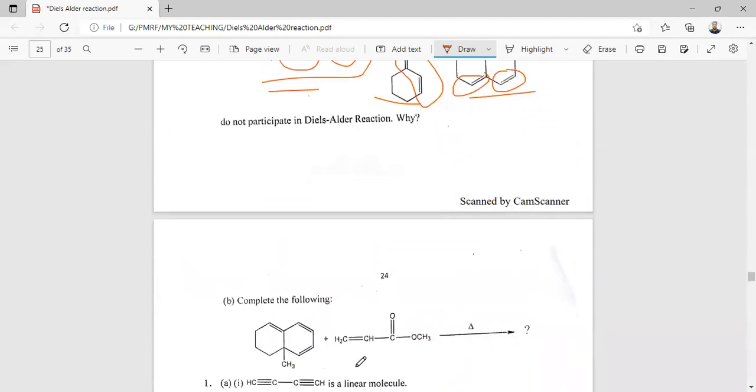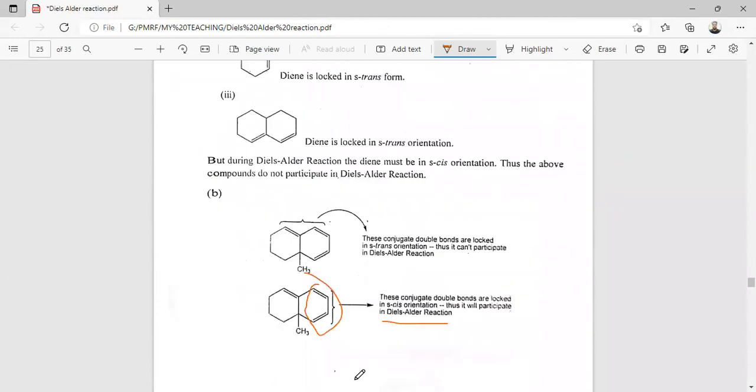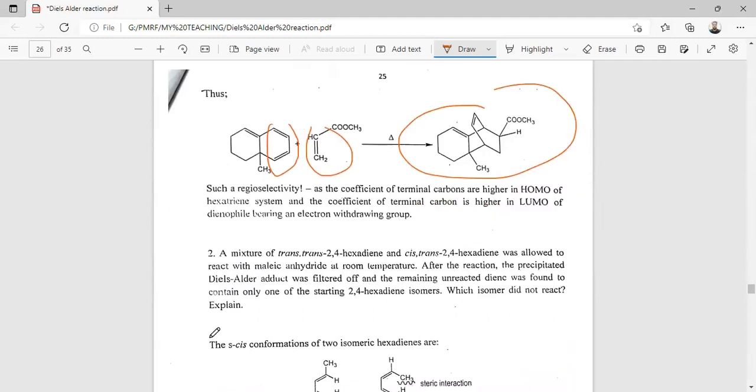So the next question is: a mixture of trans,trans-2,4-hexadiene and cis,trans-2,4-hexadiene was allowed to react with maleic anhydride at room temperature. After the reaction, the precipitated Diels Alder adduct can be filtered off. The unreacted diene was found to contain only one starting 2,4-hexadiene isomer. Which isomer did not react? Explain.